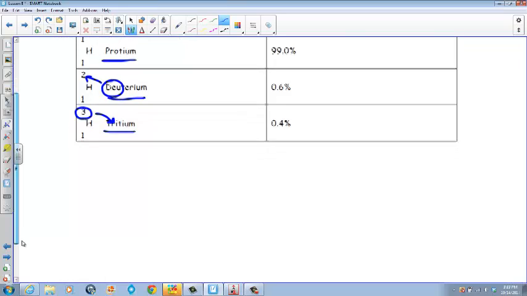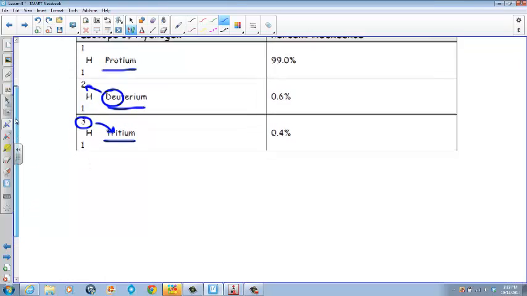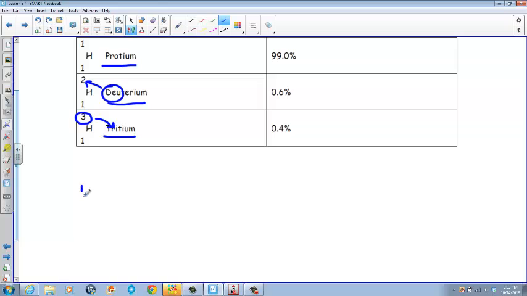So in order to set this up, first we're going to get the mass, and we don't have a decimal. We're just going to use this as our mass number. So we have 1 for hydrogen 1 times 0.99.